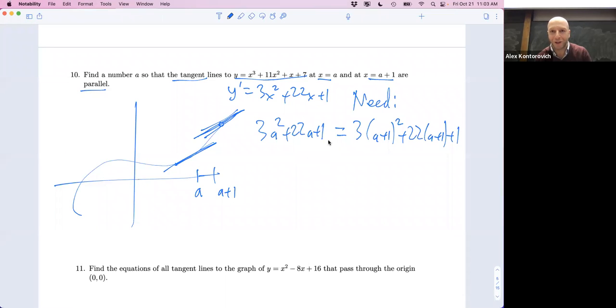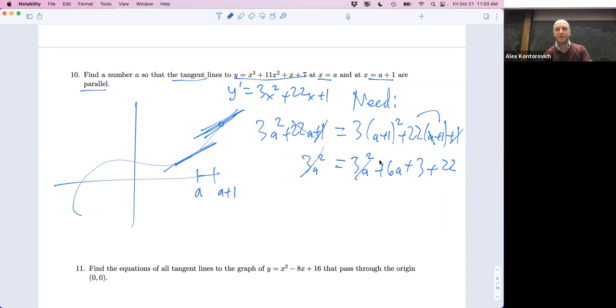This actually is going to be pretty easy. The plus ones cancel. I've got a 22a here and a 22a there. I'm about to get the 3a squareds to cancel. It's even going to be linear. So this is 3a squared. (a plus 1) squared is a squared plus 2a plus 1, times 3 is 3a squared plus 6a plus 3. And then there's a 22 left over. On this side, I just have a 3a squared.